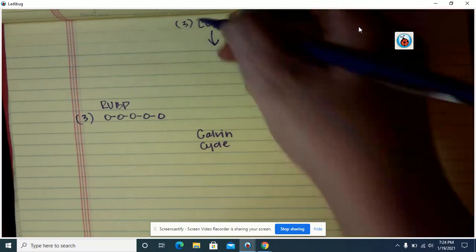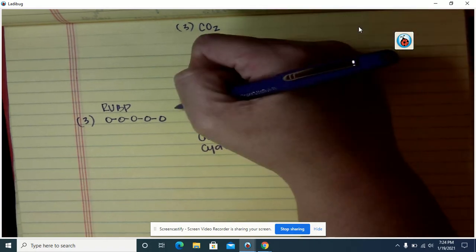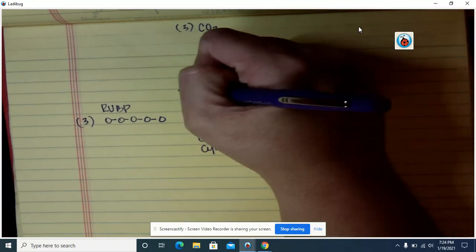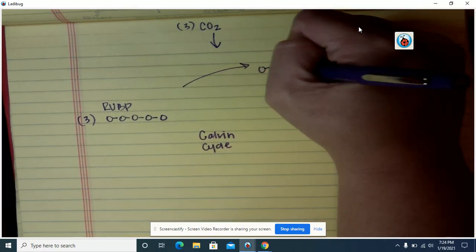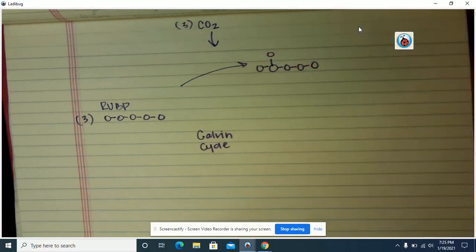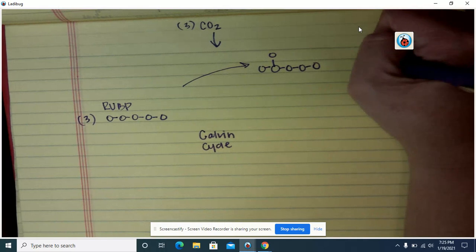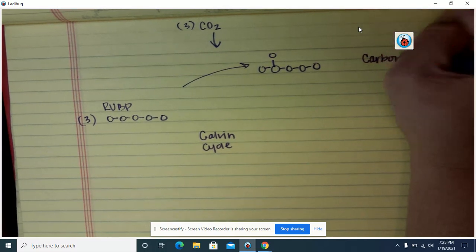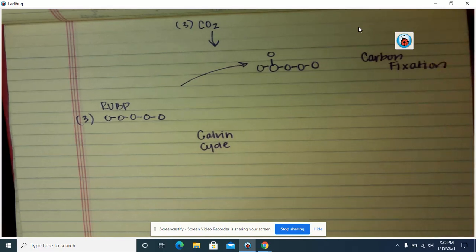And so what happens is the CO2 comes in and the carbon bonds with the RUBP. Right off the bat, a 6-carbon molecule is produced. And that 6-carbon molecule is very unstable. This is technically the carbon fixation part of the Calvin cycle.